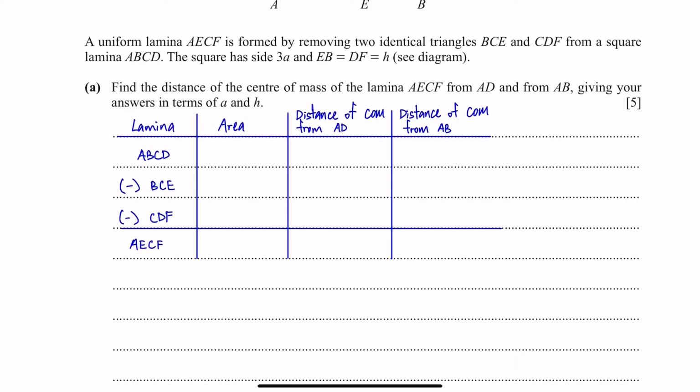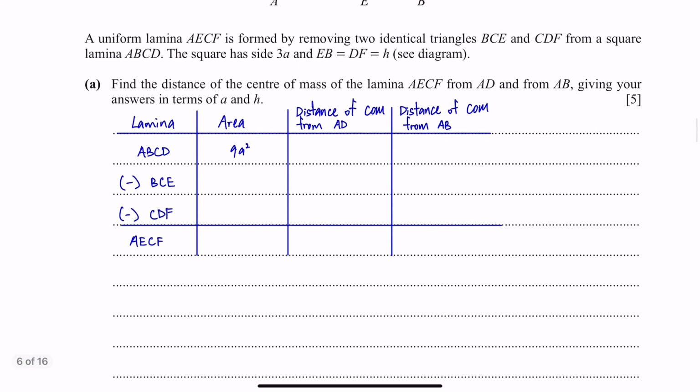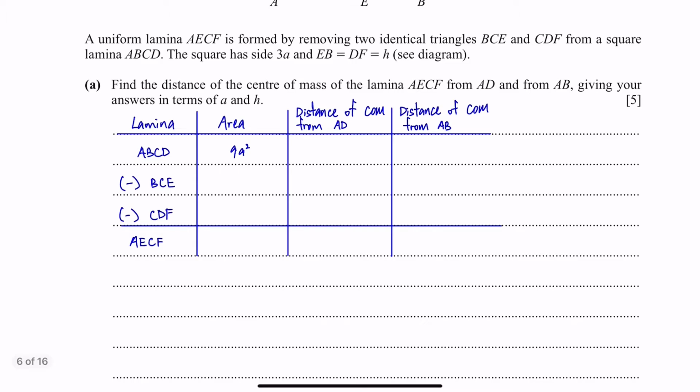Alright, so the area of ABCD would be 9a squared. Area of BCE would be half times h times 3a, which is 3 over 2 ah. Same goes for CDF. It would be 3 over 2 ah. And now let's find the distance of COM from AD.